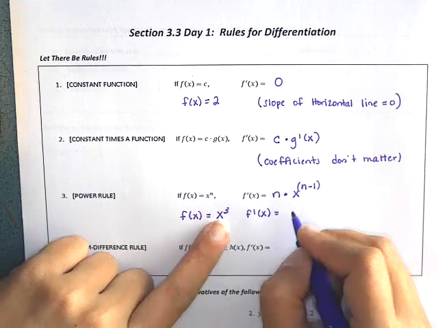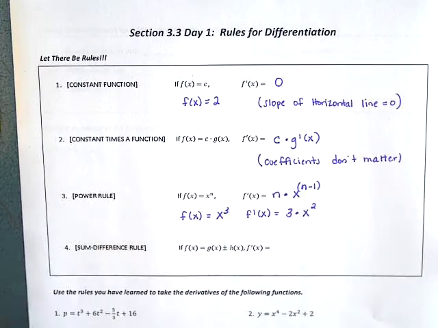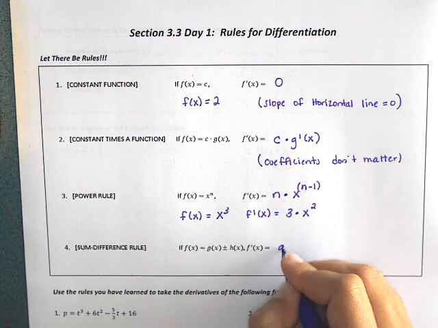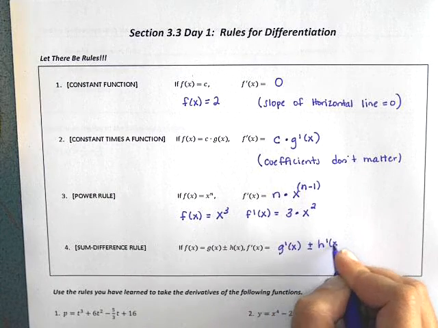So the derivative here would be 3 times x to the second power, 1 less than it was before. It's called the power rule. Super important. Last but not least, derivatives can be added and subtracted. So if you have more than one term, just do each term separately.